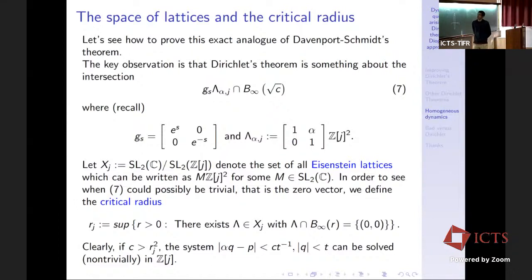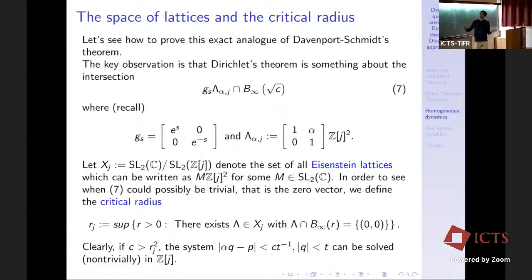Okay. Right. So the nice idea here is you want to see the optimal constant C for which this will always have non-trivial intersection. So you can just think about a constant C that works for the entire homogeneous space X_J. So this is nice. X_J of course contains all of these.